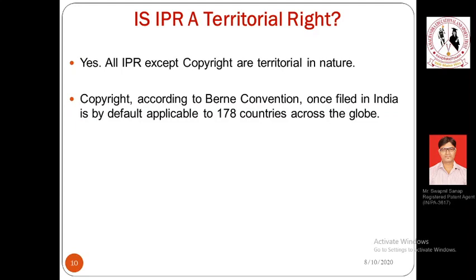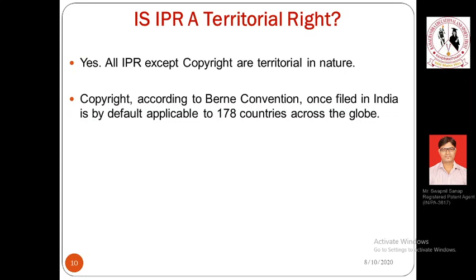Copyright says that there is a Berne Convention according to which the copyright, if it is filed in any one country out of 178 countries, will by default be applicable to all the other countries. You don't have to separately file in any of the other countries, right?